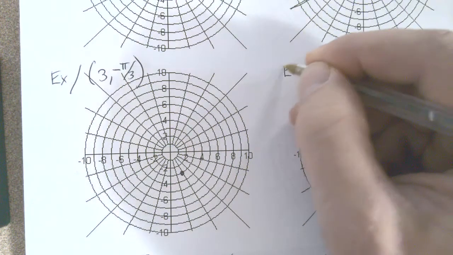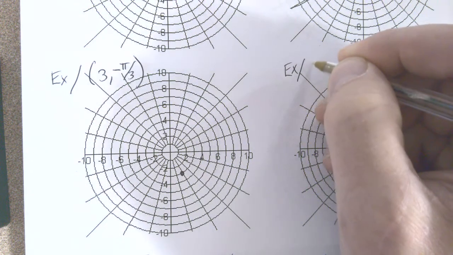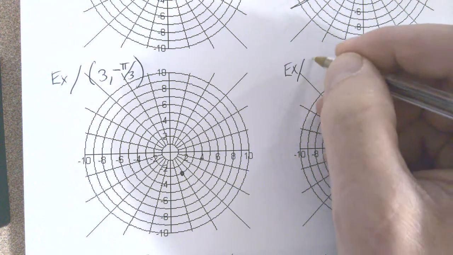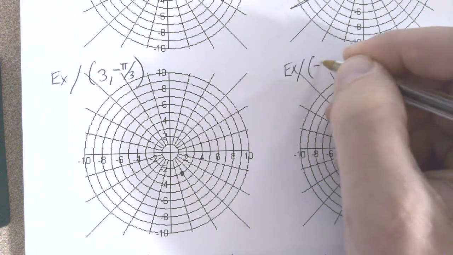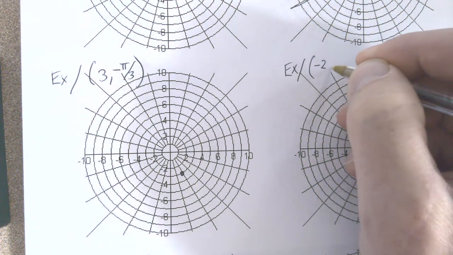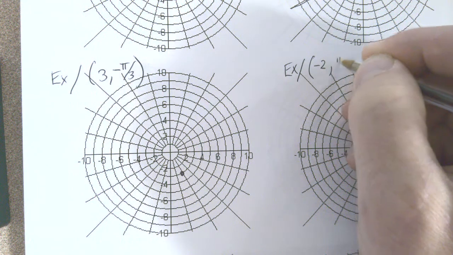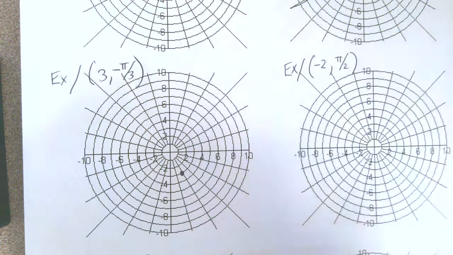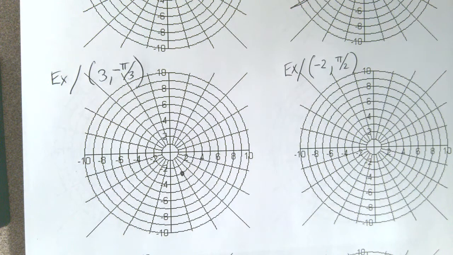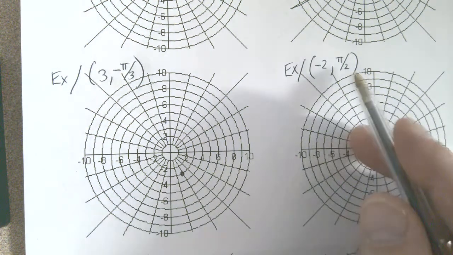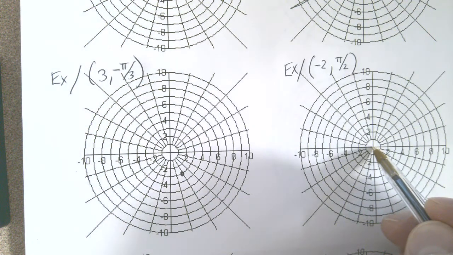I do want to real quickly do one more here just because I didn't do a negative on the r, so if, let's say it's -2, and then let's say pi halves. Well, if it's -2 pi halves from the origin, guess which direction we're going to go?